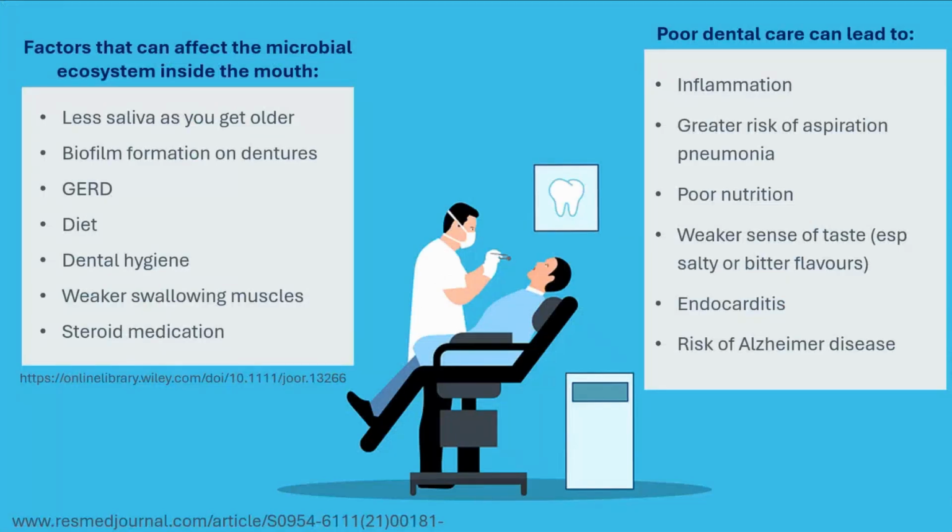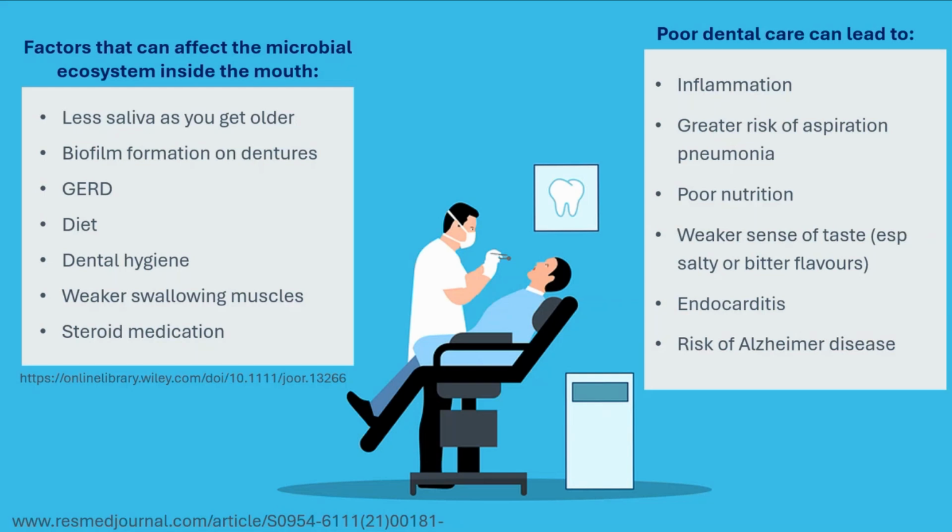Other sources of spores. It's like any ecosystem, it's quite a dynamic system with a lot of factors. It changes quite often, and as you get older there are quite a few factors that will change what's growing in your mouth, and that can have a knock-on effect on your respiratory health. So this is why I've brought this up, not so much the Aspergillus side of things, but keeping well generally, and keeping your lungs healthy.